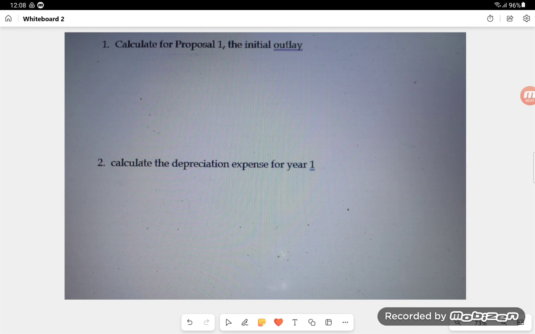Initial outlay is calculated as cost of new assets plus installation cost.